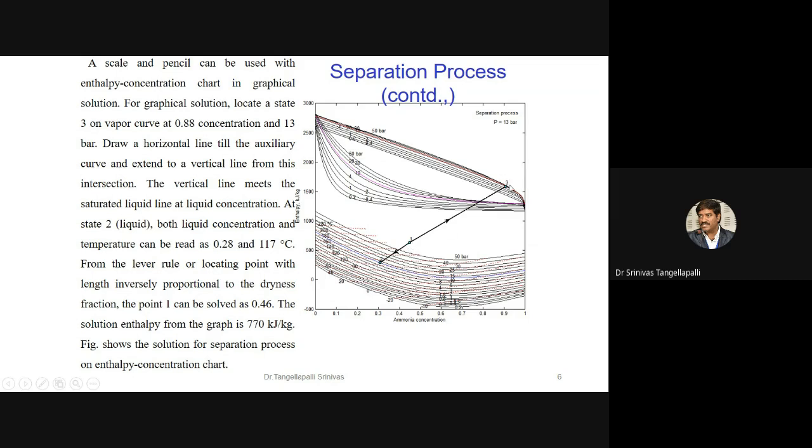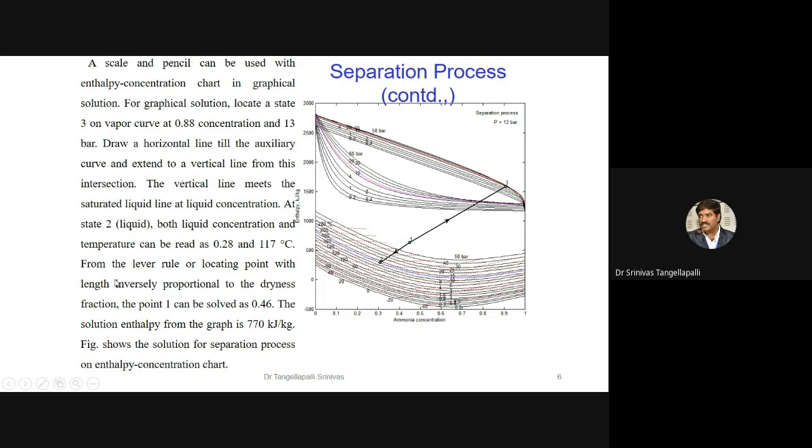Automatically the vapor side length becomes 70% of the total length. This is as per the lever rule. Opposite side length is proportional to the concerned mass. The mass of the vapor is proportional to the length towards the liquid, and the mass of the liquid is proportional to the length towards the vapor. I think you are clear, as per our earlier discussion.